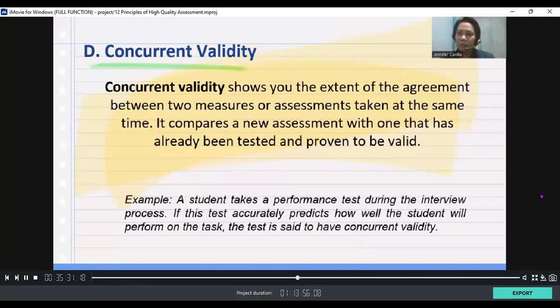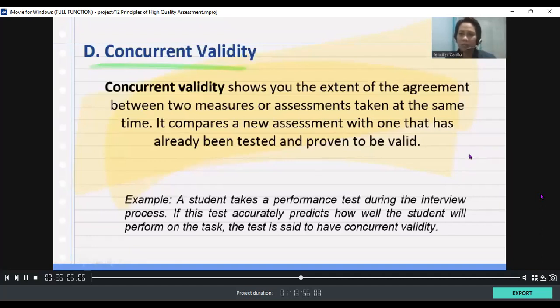For example, mag-apply mo og teaching job, dapat imuhang performance sa interview mo-coincide sa imuhang teaching demonstration. Okay? So that would mean kung taas imuhang score sa interview, dapat taas pod ang score sa teaching demo. That's what we meant by concurrent validity.